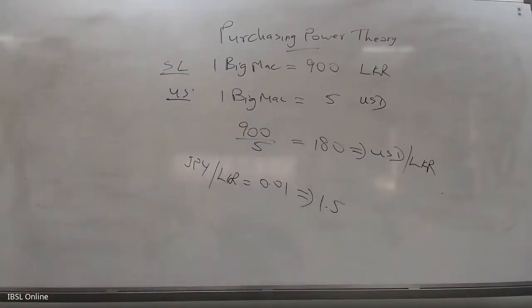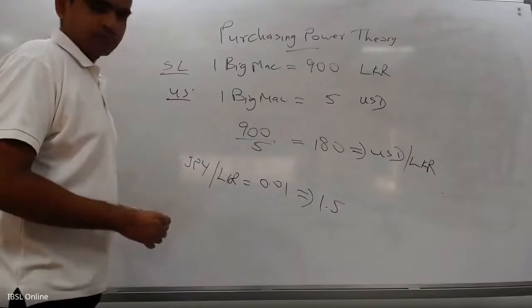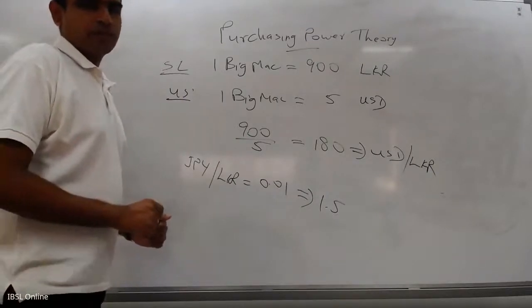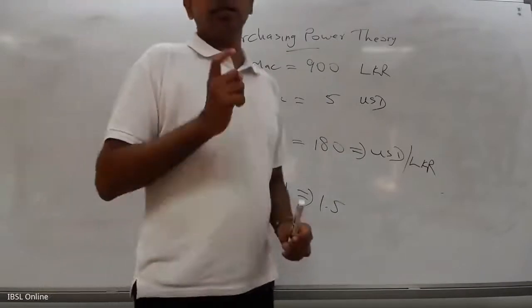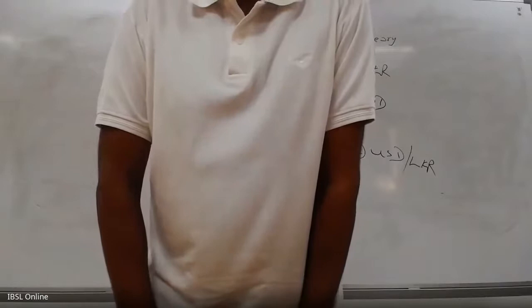This is about 1,500 times over a period of 30, 40 years. Okay, so that's how it works. You can't look at the exchange rate and decide whether the country is a strong economy or a weak economy.